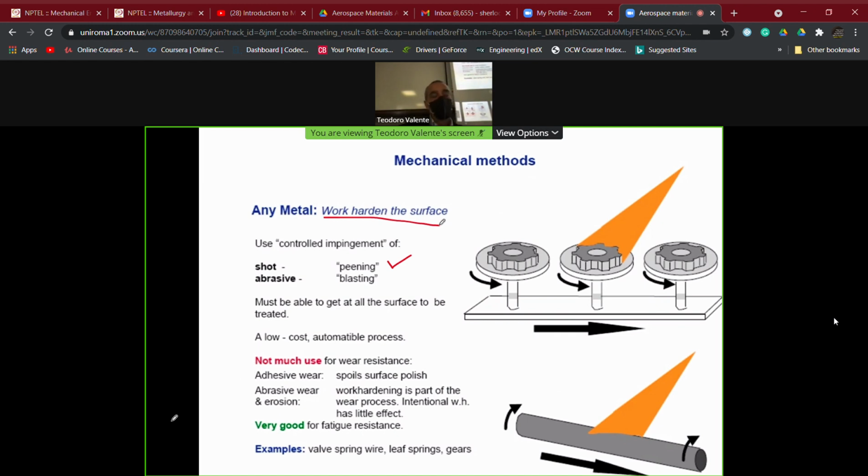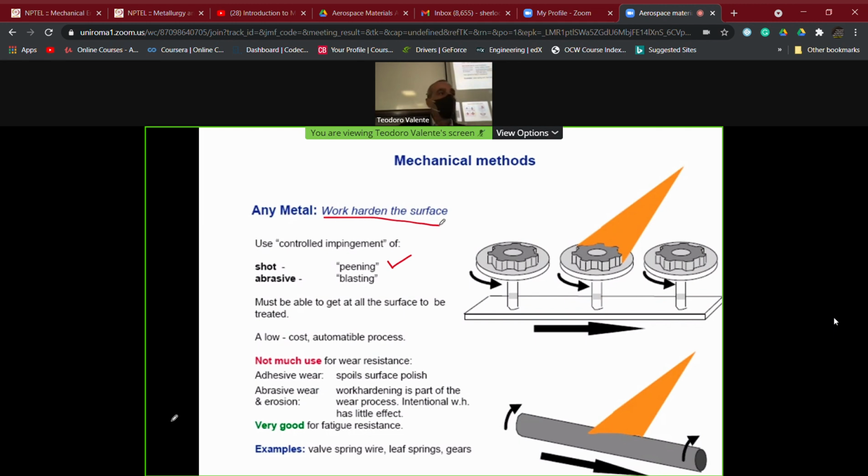Since if we have compressive residual stresses on the surface, and considering that most fatigue ruptures start from defects on the surface, which propagate inside the bulk material, if we put compressive stresses on the surface, we are putting obstacles to the propagation of cracks, which, as we have seen and told many times, can propagate if they are subjected to a tensile stress, not to a compressive stress.